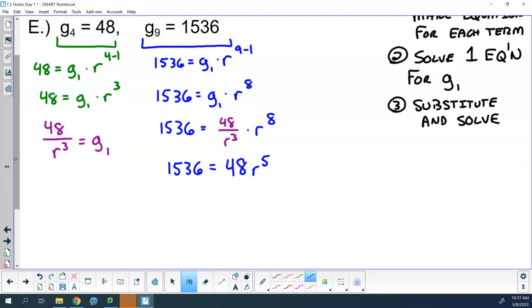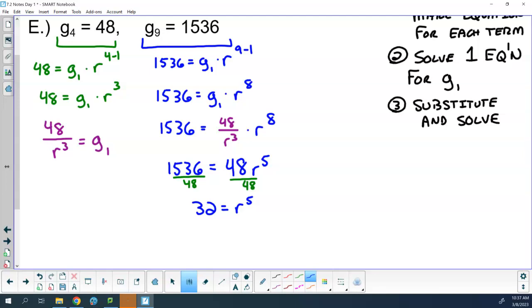Divide both sides by 48. 1,536 divided by 48 is how much? 32. So 32 equals r to the 5th.